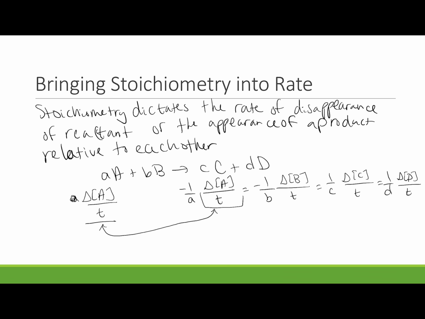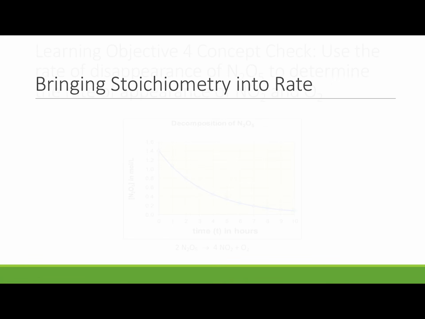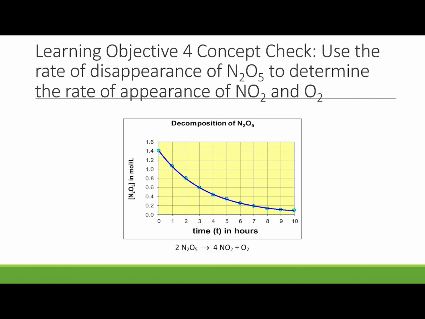Okay? So whenever we have an equation like we see here, we can set this equal to a, c, d, and we can write our relative rates.